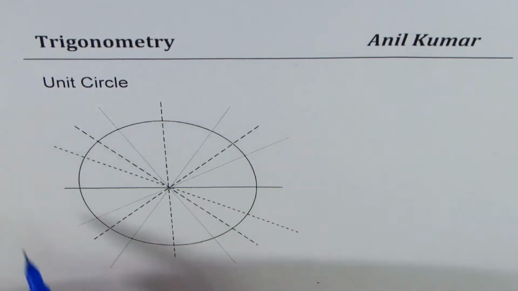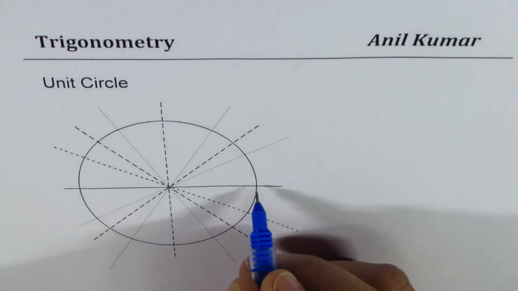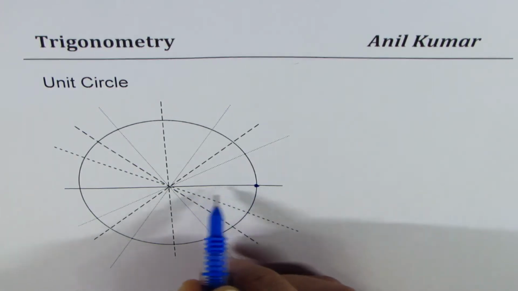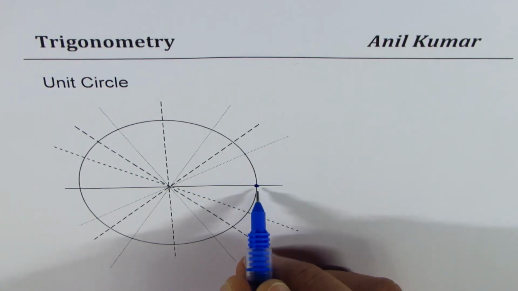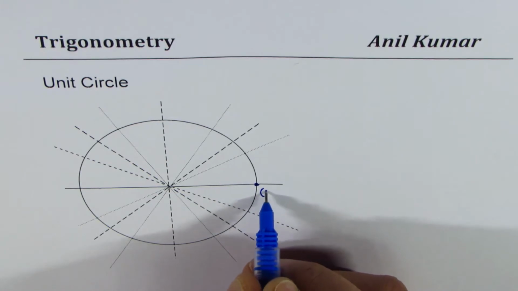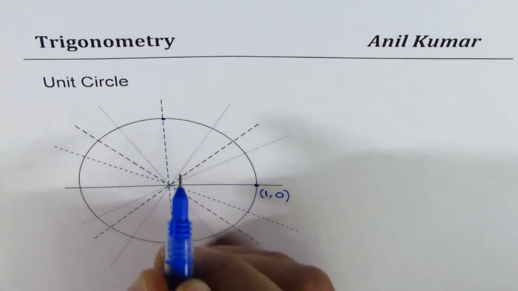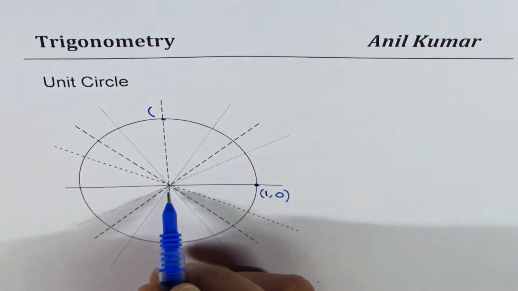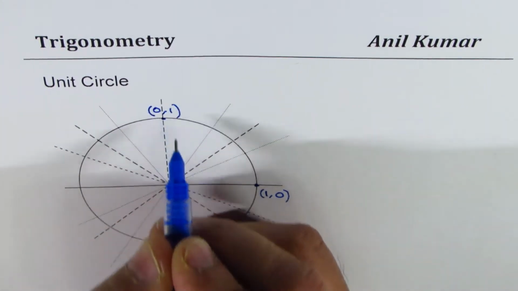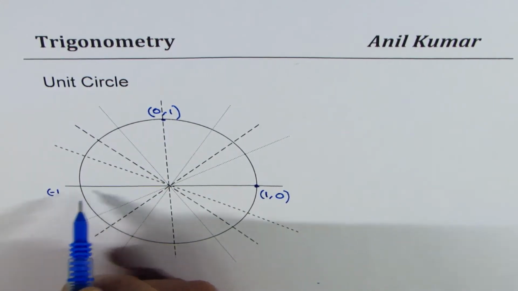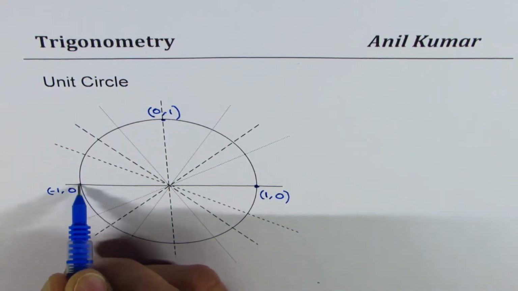So here we have a circle whose radius is 1 unit. That is to say, a point here on the x-axis will be x value of 1 and y value of 0. A point on this side will be 0 for x and 1. On this side, it will be -1 and 0.